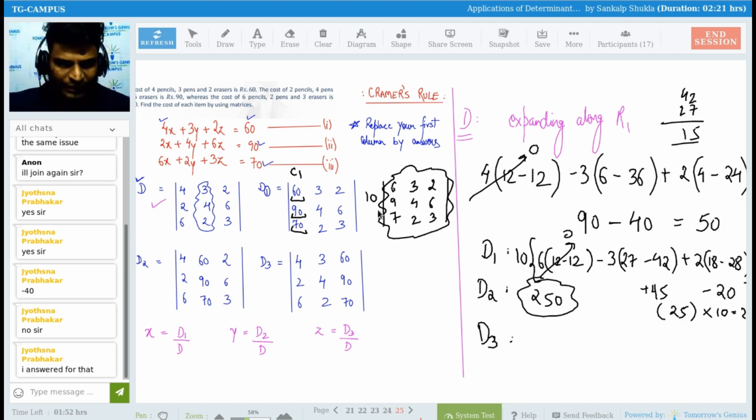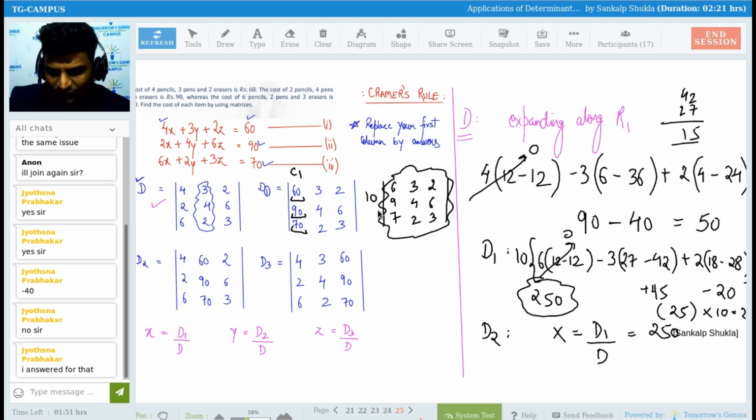Now D2 and D3 I will write here. The value of D1 is 250. As we have obtained the value of D1, we can find the value of X. X is D1 by D, that is 250 over 50.